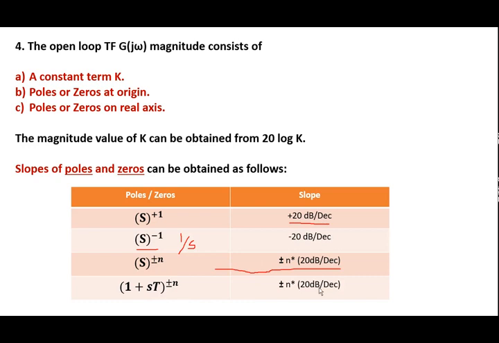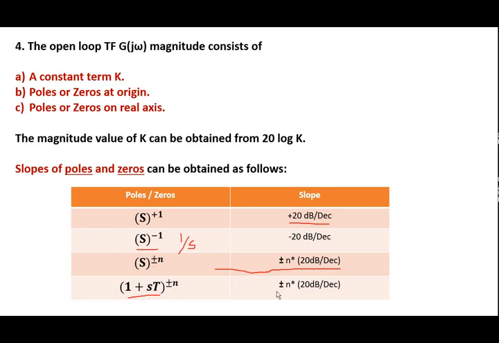And for poles and zeros other than the origin, 1 plus sT to the power n means n times 1 plus sT. If it is present in the numerator, for example 1 plus sT, the slope of this function will be plus 20 dB per decade.